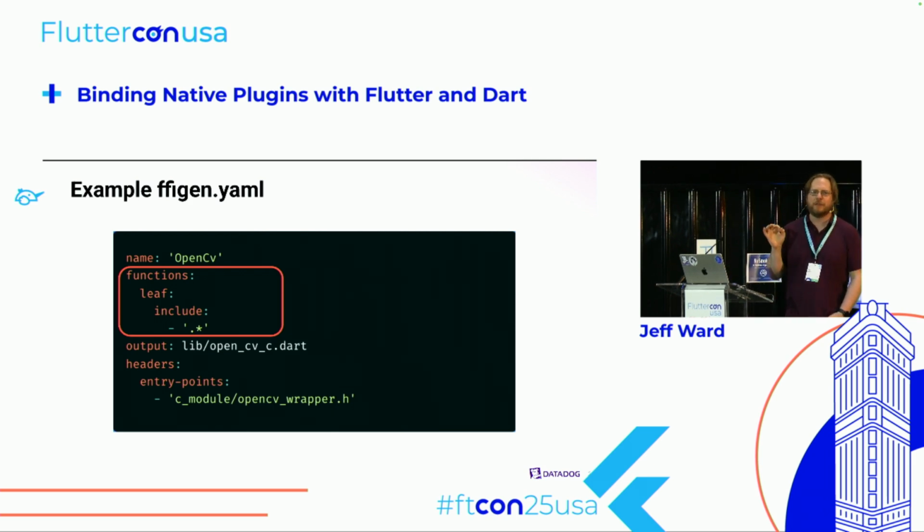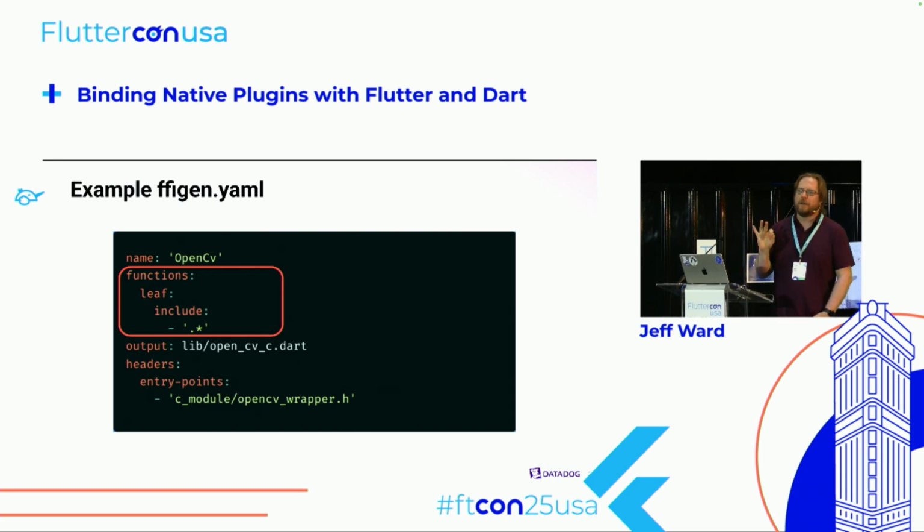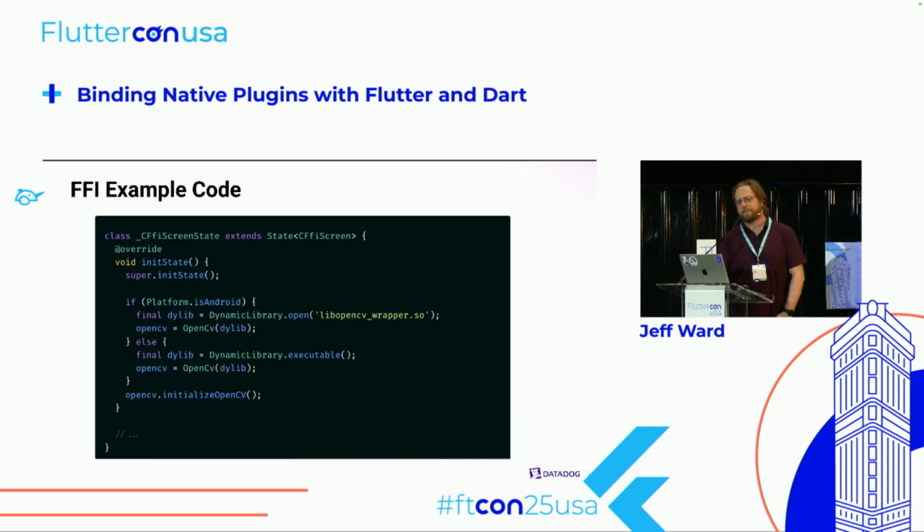There are situations where you can't call certain functions in FFI unless you can guarantee that they're leaf functions. So if you know, as with OpenCV, that I'm never issuing a callback back into Dart, you can mark them all as isLeaf. There's a performance benefit to doing this, and you can use it in more circumstances, so make sure you mark them. Again, everything in OpenCV is this way, so I can safely do the all star.